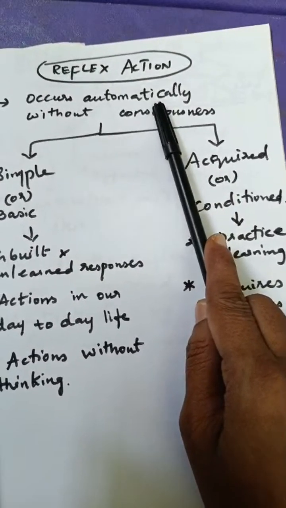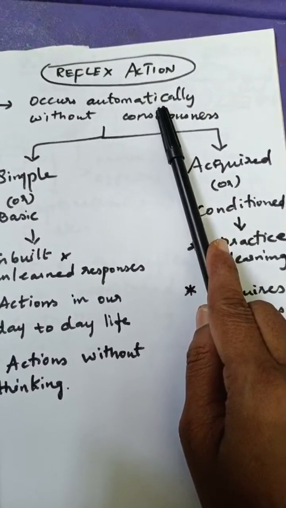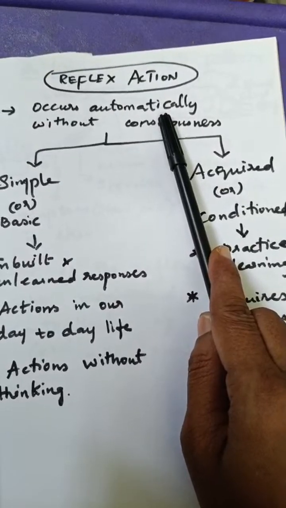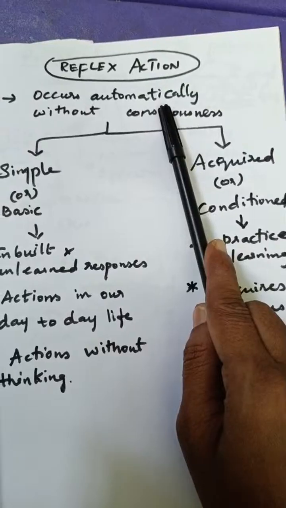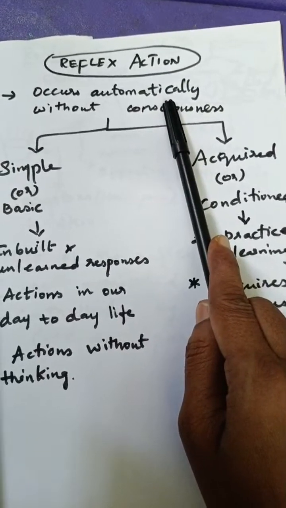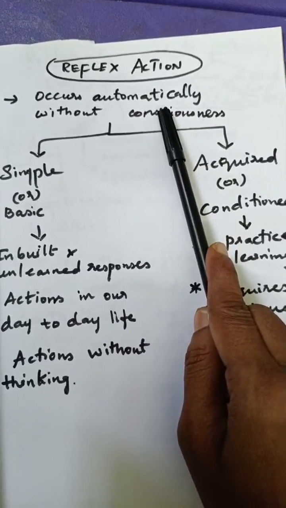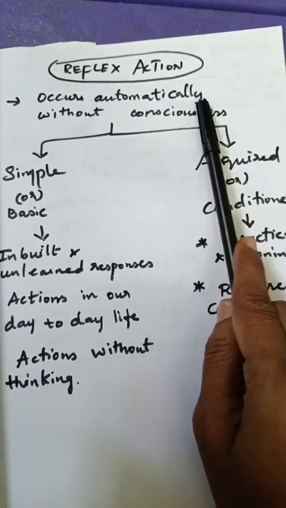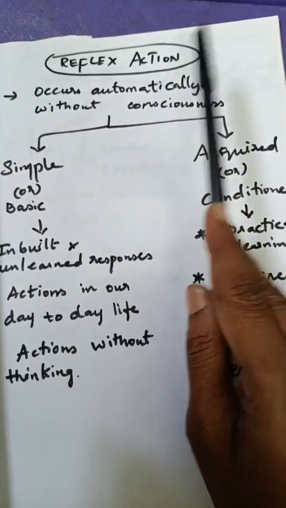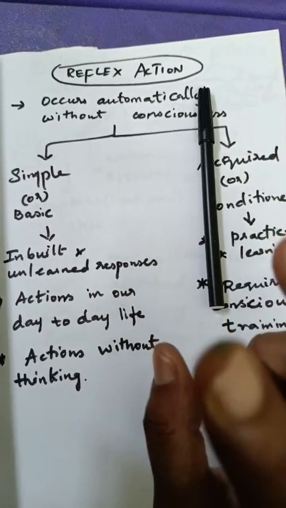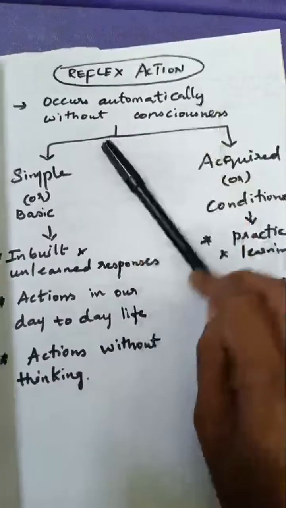We need not think. When we touch a hot object or see a dangerous situation, our brain spontaneously reacts accordingly. That is the reflex action. This reflex action is of two types.